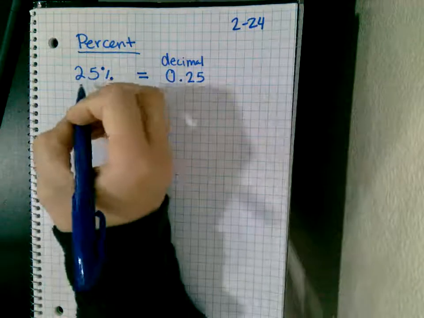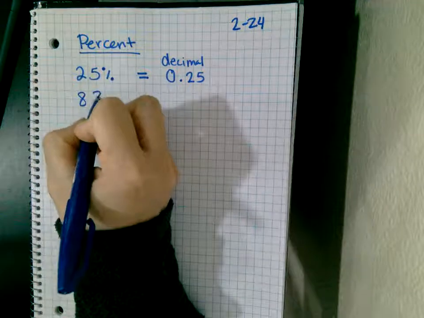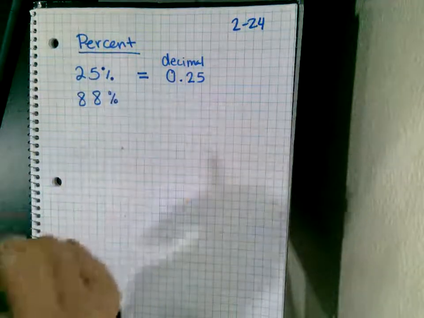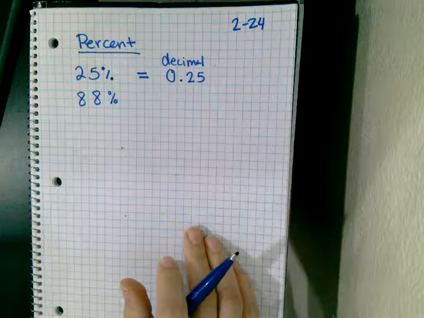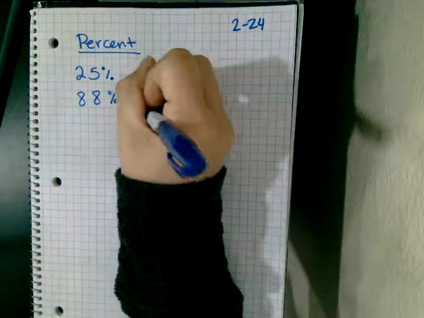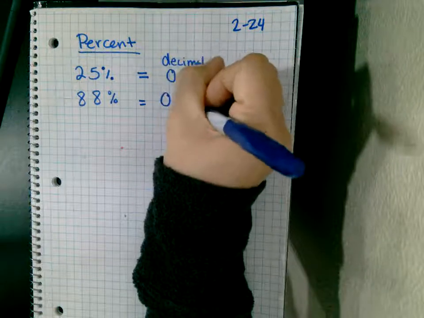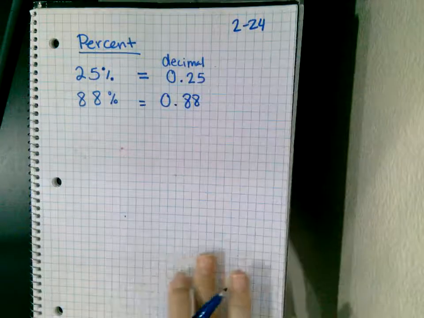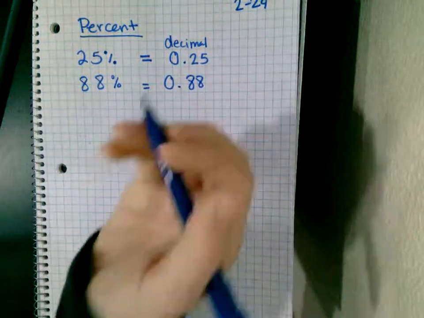Okay, what if it's 88%? What would that be as a decimal? 0.88. Yep, very good. Okay, here's a tricky one.